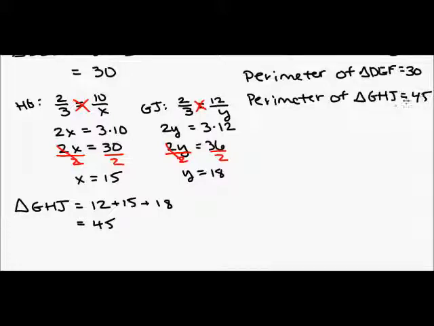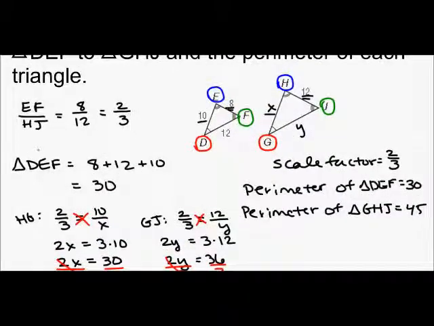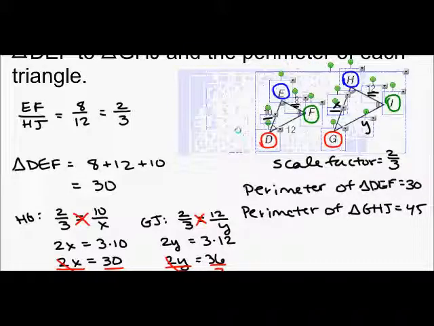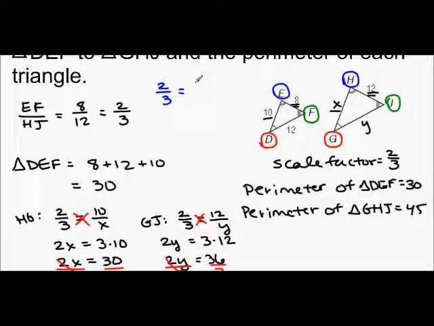But I told you that there are two ways to find the perimeter, so let's look at that second way. And it really is a little bit faster if you don't actually need to know what those sides are. Once I've found the perimeter of my first triangle, I know that that is 30, and I have a scale factor for the side lengths of 2/3. So what I can do is use that information and say 2/3 equals 30 over the perimeter of the second one.